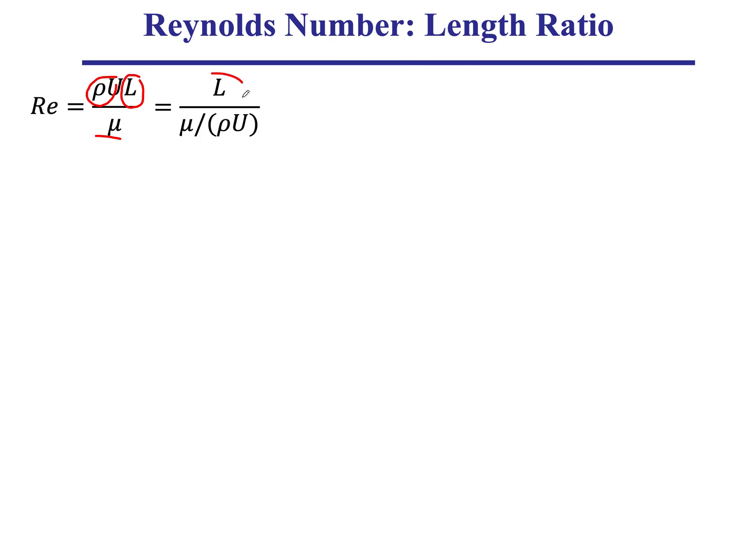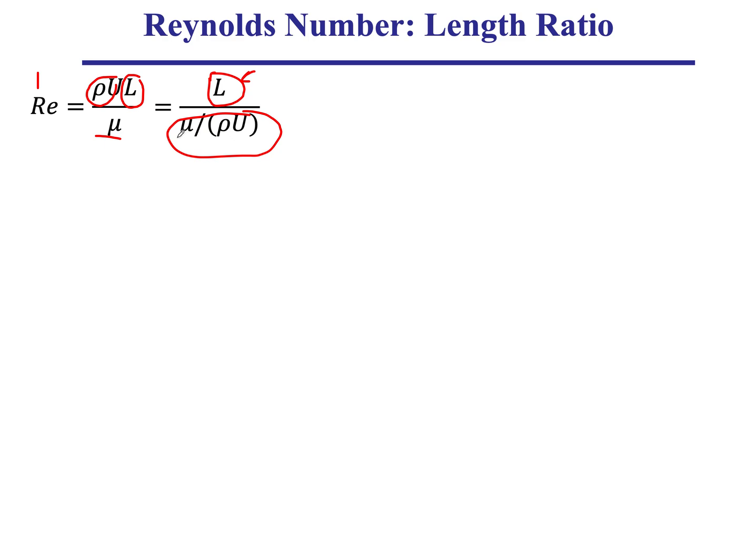So that's a length, because Reynolds number has units of 1, it's unitless. And here I have units of length. This must mean that this is also units of length. And remember when we talked about the length scale, it's the distance moved by the object at that certain speed in that certain time unit. So it's a length scale of the body. So this we call the inertial length scale.